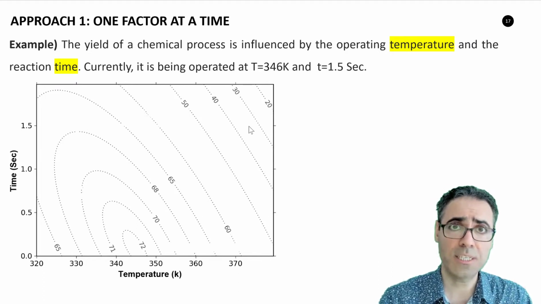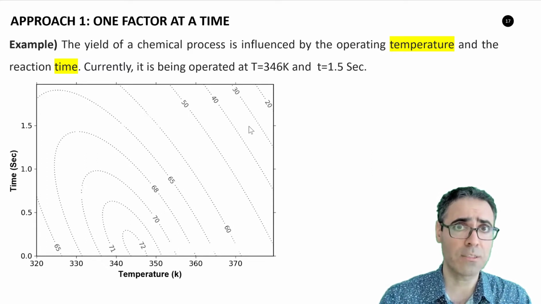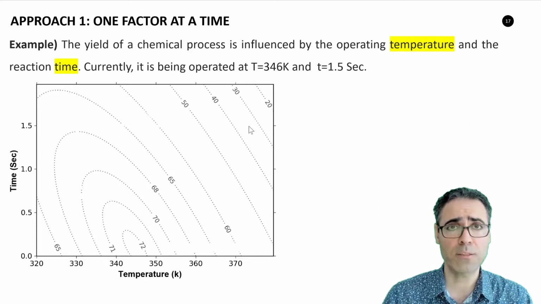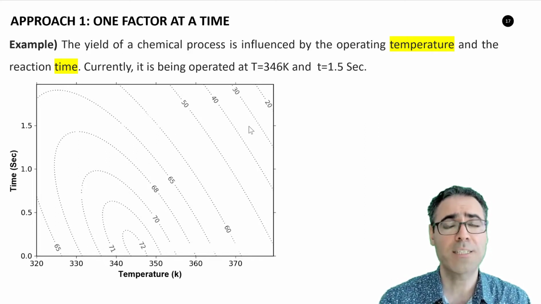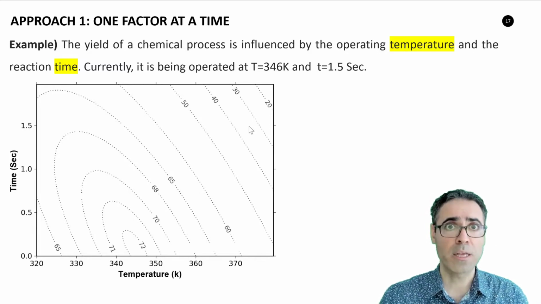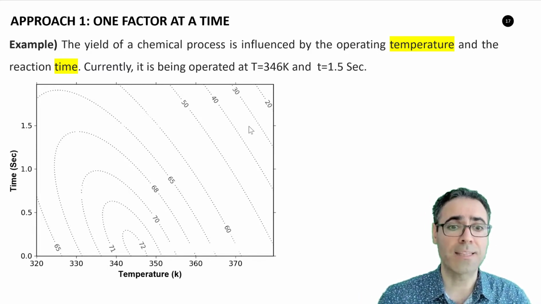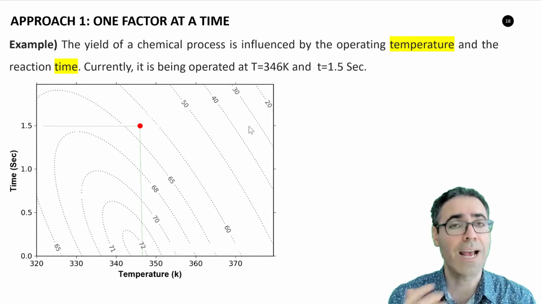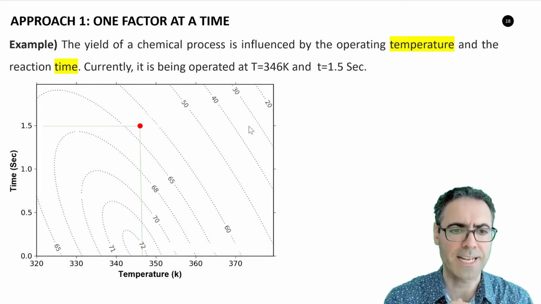And this is, of course, a 3D graph, which here in a 2D picture, we show the slices of this graph. If you want, you may visualize this graph as more like a hill shape, right? Which we are on the hillside at this moment. We are at this red dot, temperature 346 Kelvin and time 1.5 seconds.